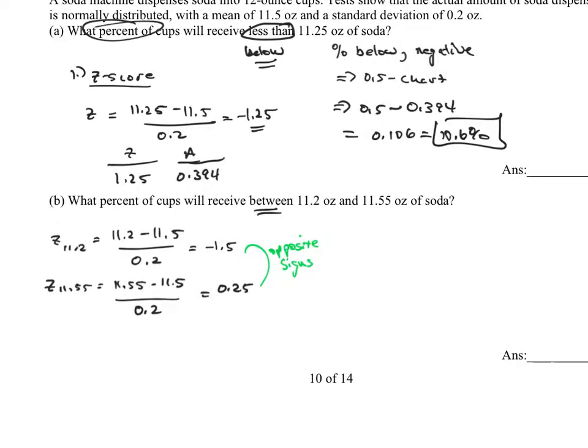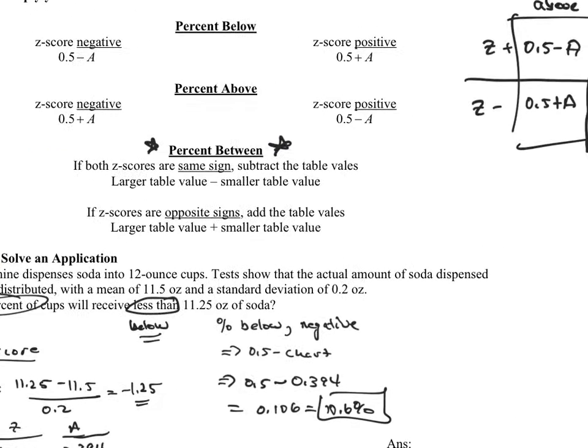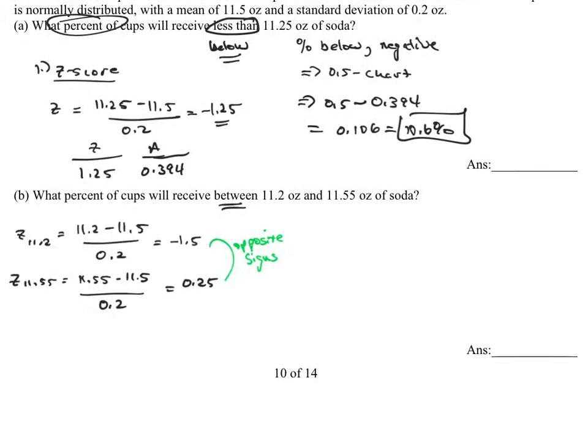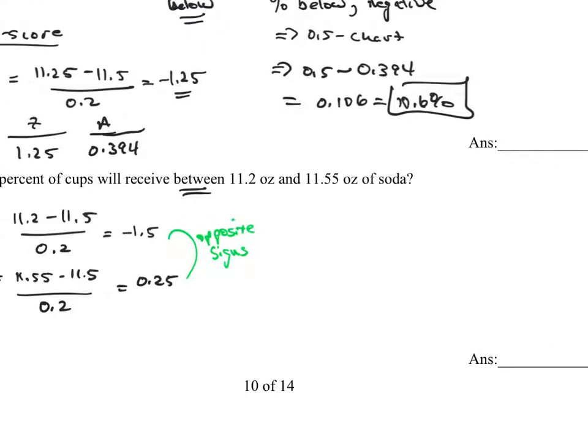So let's see here. I'm going back up to my little notes here, and it says if I want the percentage between and they're opposite signs, I add them. If they're opposite signs, I add them. So what am I going to do? Go back down here. I'm going to find the chart values, and then I'm going to add those chart values together.